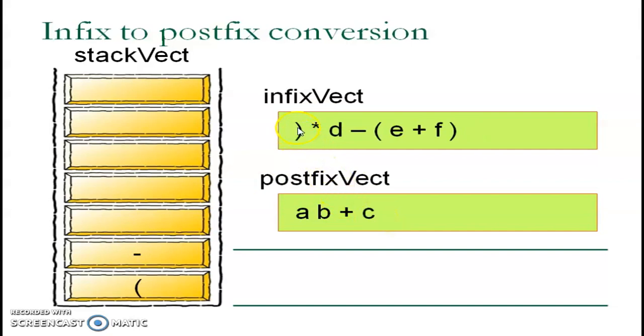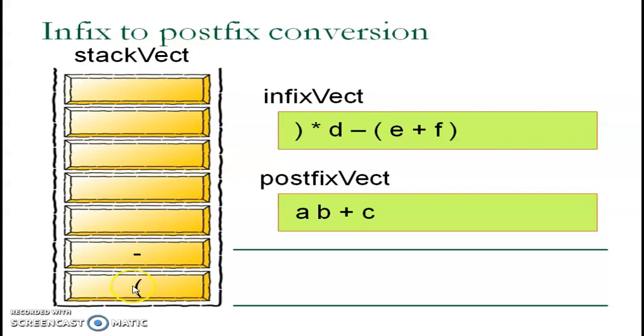Now the closing bracket, the next symbol that is coming, is the closing bracket. We have to check this closing bracket and match it with the topmost element of the stack. Right now the topmost element of the stack is minus, which is not matching. So in this case, we have to pop all the elements which are above this opening parenthesis to the postfix string till this opening bracket becomes the topmost element of the stack.